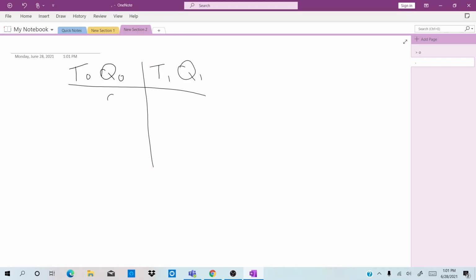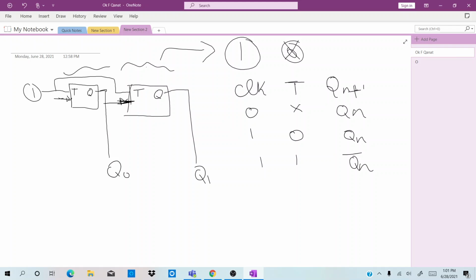So in the question they have given 0 0. Here the input is given as 1.